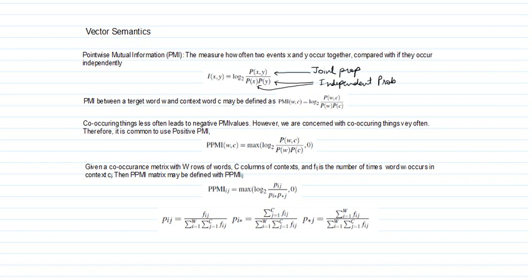P i j is the term in which we have the frequency of the word and the context divided by the total frequency, and P i star is the frequency of the given word divided by the total, and P star j is the frequency of the context divided by the total. So let's see with the help of an example.